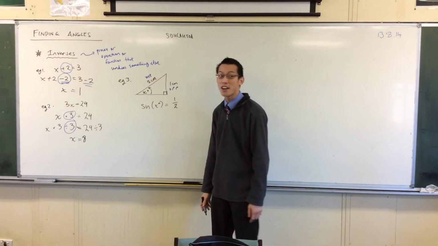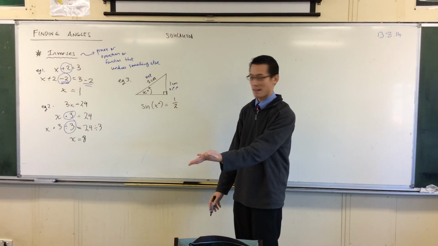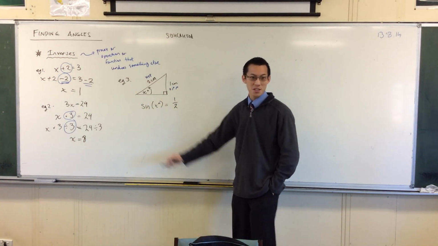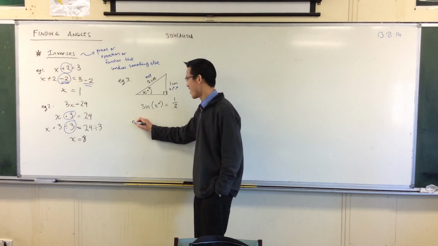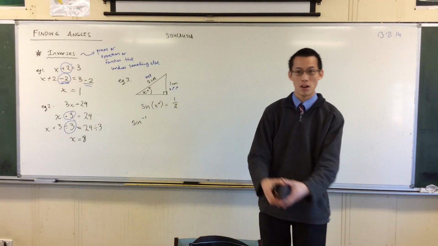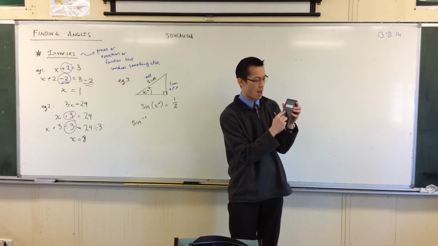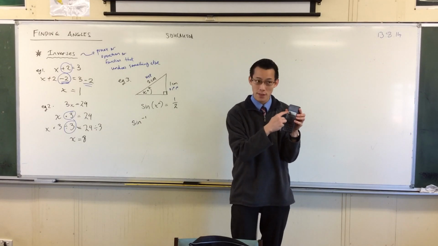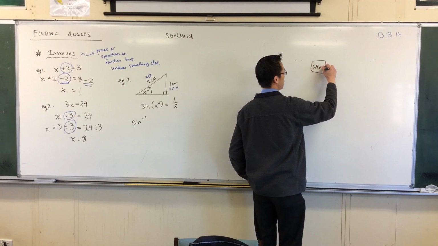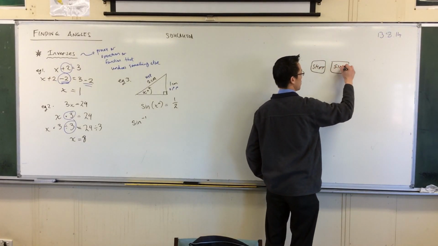The inverse, like subtraction or division, the inverse of sine is called sine inverse, and you can see it there. I alluded to this a few days ago. On your calculator, it's above the sine button: you hit shift and then sine.